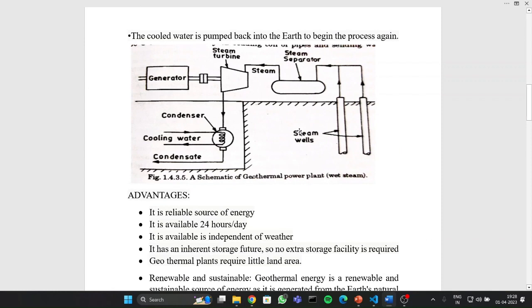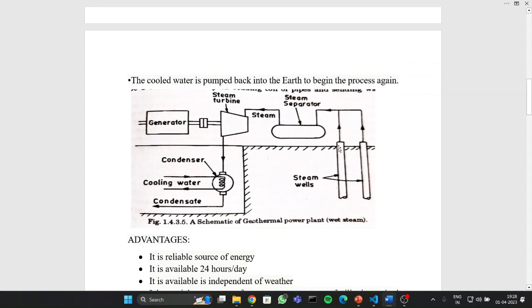So this is a cycle which keeps on occurring, a process where there's almost no loss, and the electricity is being generated. And this is the proper depiction of the model that we just discussed about, where you can see the condensed water goes back into the earth. The cold water is sent back into the earth, and then the steam separator separates the solid particles and the steam and the water.